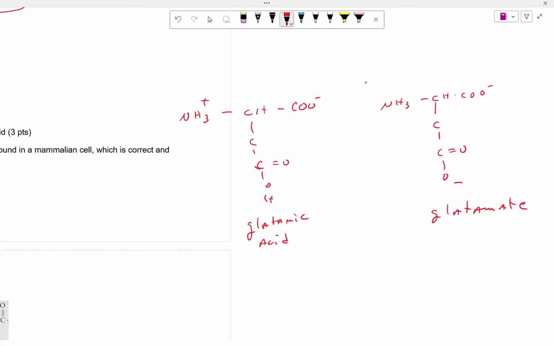Okay, at physiological pH, 7.4-ish, is that acidic or basic? You guys should know this. Anything over 7 is what? Basic. Anything under 7 is acidic. So in a basic environment, what do acids do?